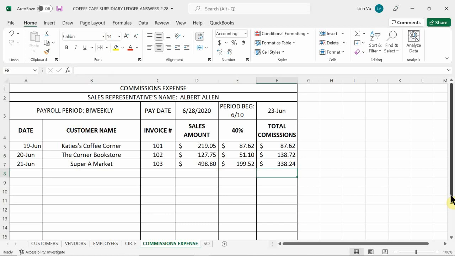Now, how come when we received a refund for Katie, we didn't adjust Albert's earnings? Because he sold to Katie, and Katie ended up returning a product. Albert was responsible for Katie.